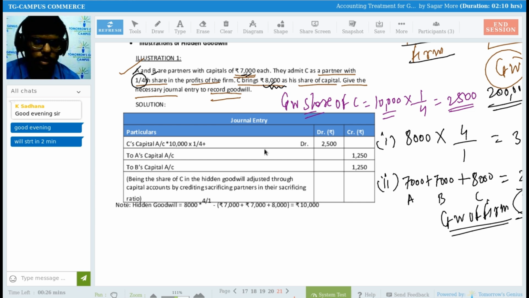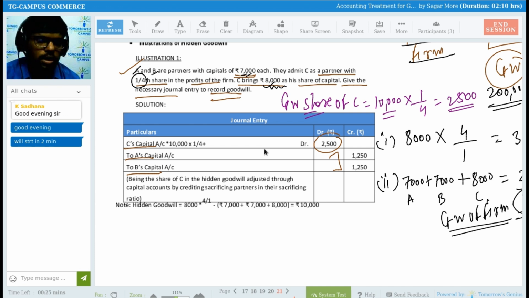The answer is no. So if he is not bringing any amount of goodwill into the business, then we have to pass a journal entry: new partner's capital account debit to old partners' capital accounts in their sacrifice ratio. So 2,500 here, and we have to distribute between A and B in their sacrifice ratio. So what will be the sacrifice ratio?